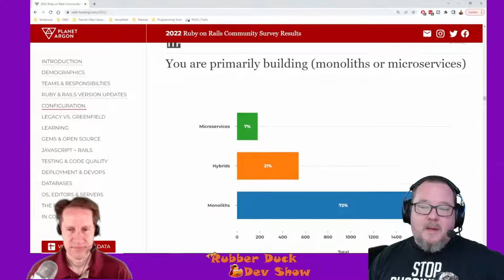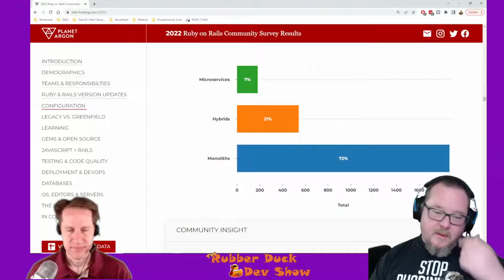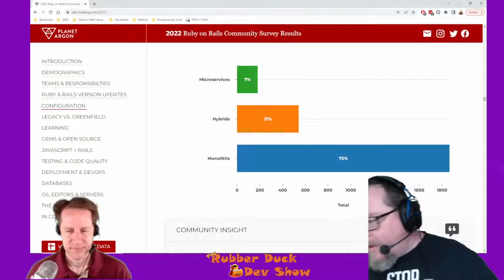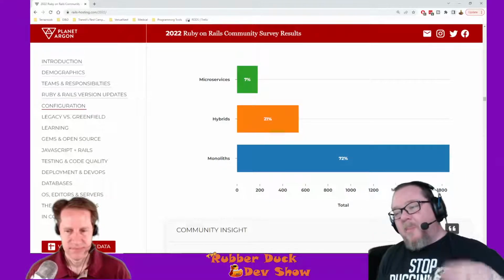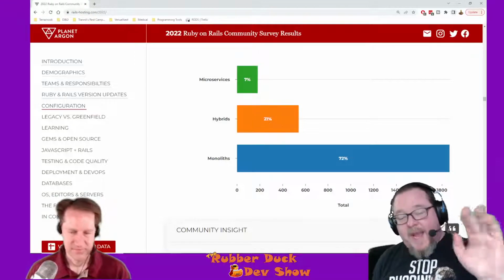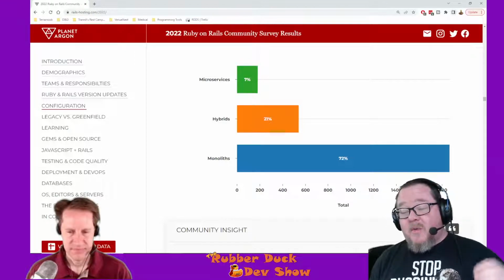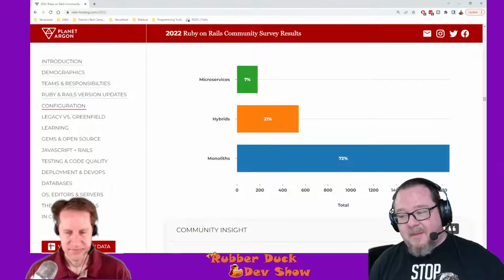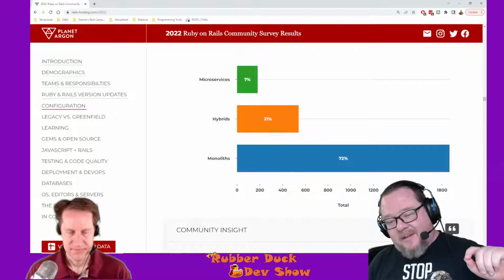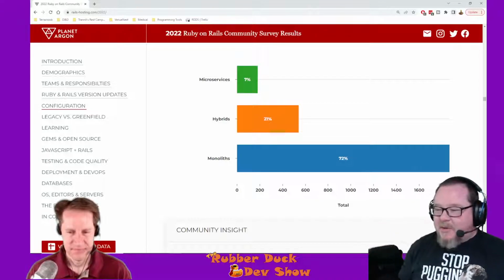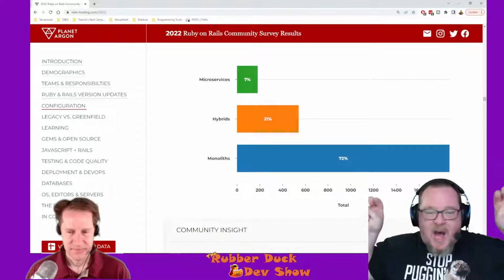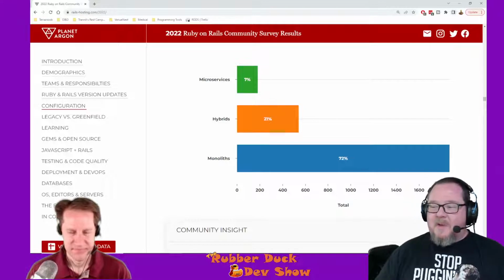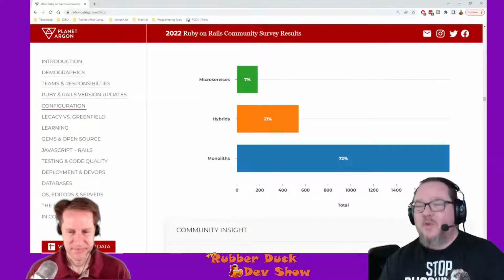Primarily building monoliths or microservices. Well, this is a whole other show, but we have a lot of microservices. We're actually in the process of monolithing a lot of that, because a lot of it was engineered as microservices because that was the new hotness, but it wasn't thought through as to why you use microservices.